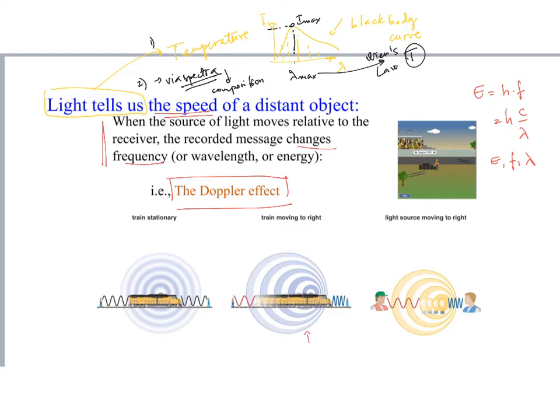So this is the situation. So moving towards the observer, right? What happens? You see all the wave fronts come closer together.